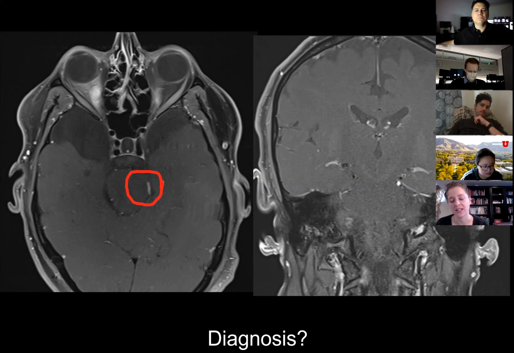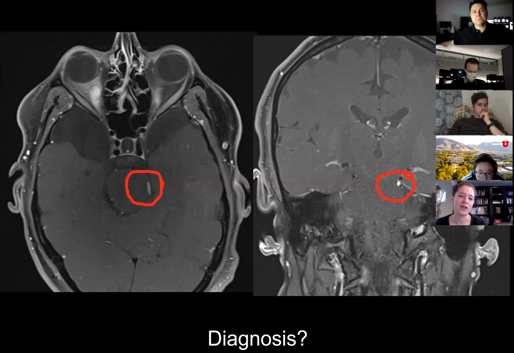And I think I see it as well on the coronal, right there. Enhancing and linear. I'm wondering if this is a nerve. I've never seen the nerve enhance. Do the cisternal segments of cranial nerves enhance? They shouldn't, but if they do, it's bad.